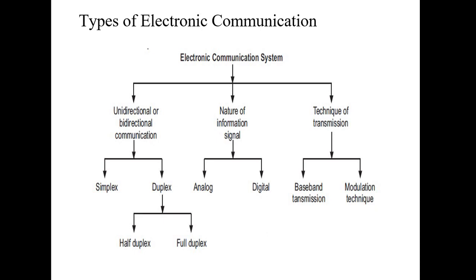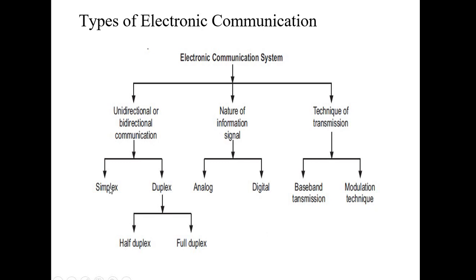Now we'll look at the types of electronic communication system. So electronic communication systems are broadly classified into different types based on for example the direction of communication. So based on direction of communication, electronic communication system is classified as simplex and duplex. Simplex system is unidirectional system.